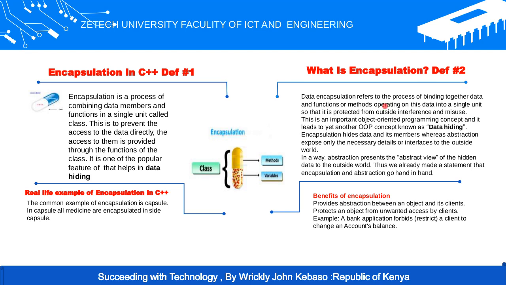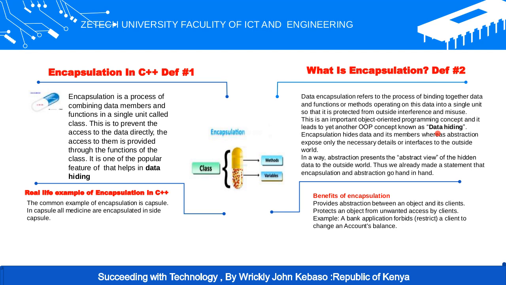Outside interference and misuse is actually other classes. Like now we have superclass A, which may have subclass B, and subclass B tries to access variables from superclass A. There is always that kind of protection within class A, which is a superclass, and the variables are protected because they are put in a class and in the different access specifiers.